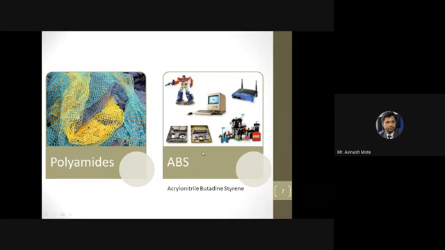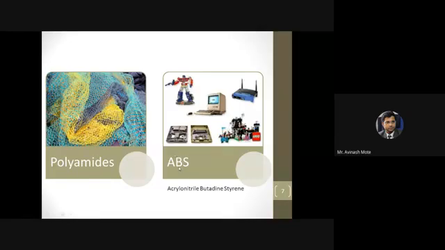Now the next one is a very important and highly used plastic, popularly known as ABS plastic. It has many applications in electronics: mobiles, television sets, computers, toys, equipment, keyboards, printers, drainage pipes, monitors, everywhere.